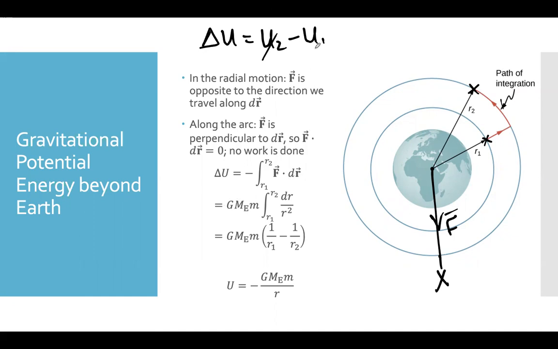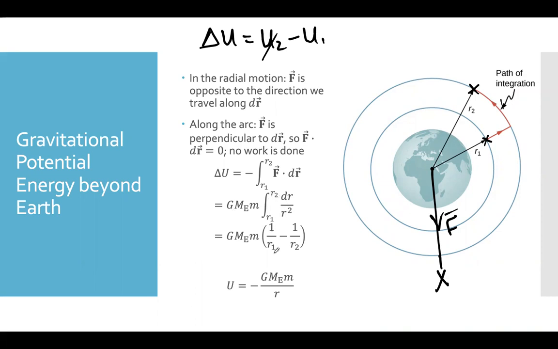And our U is going to be F dot dr. Our F we found earlier is G M m over r squared, and we can pull our constants out of the integral, as is done here.